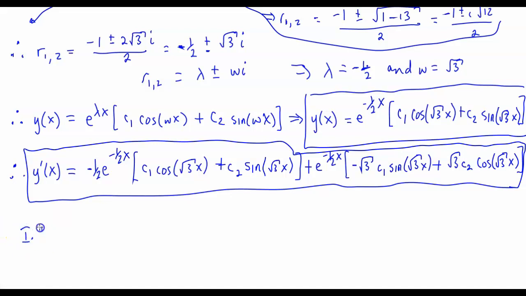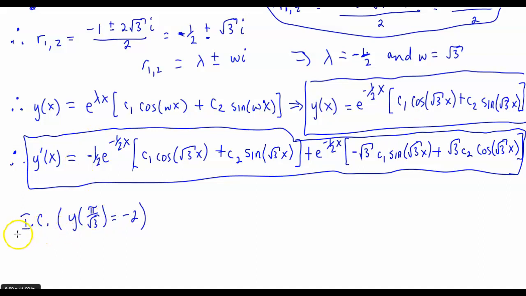All right, so for our first initial condition, which we said was y of pi over square root of 3 equals -2, we're going to plug all this information into the general solution for our differential equation here. So on the left this just equals -2.